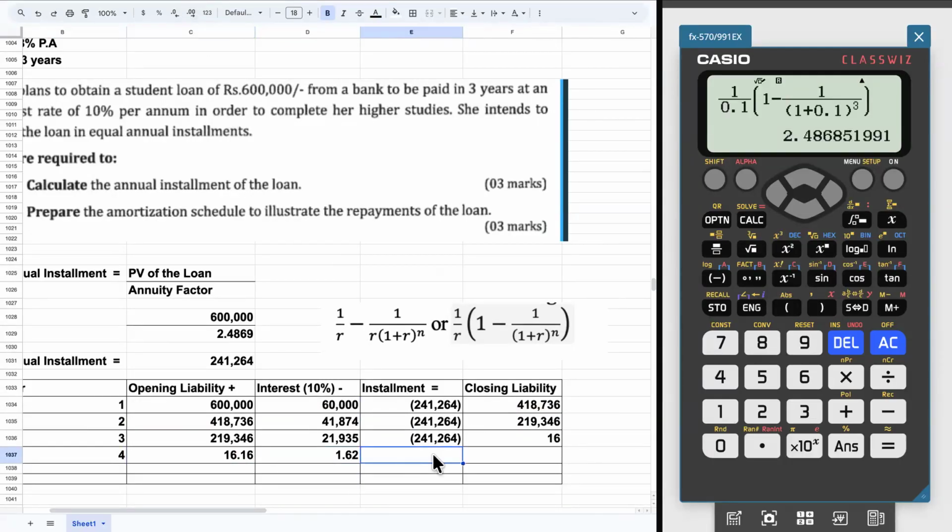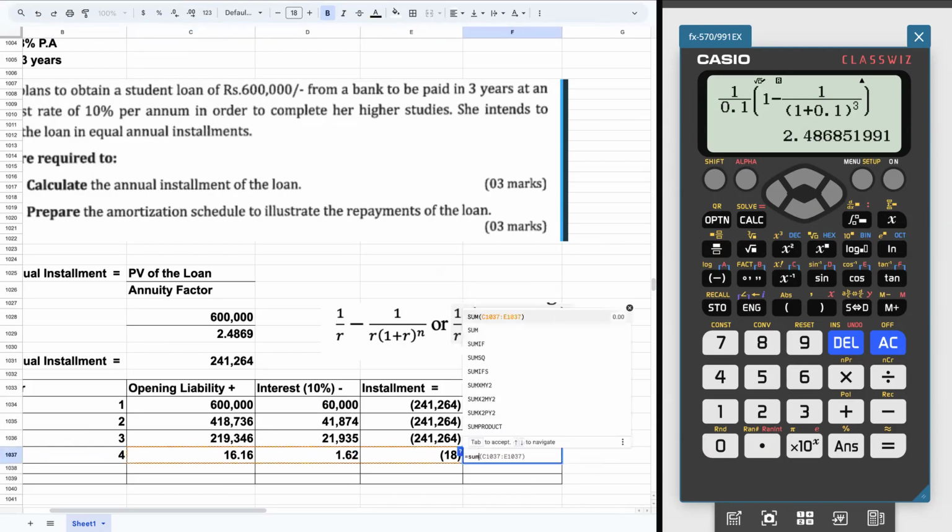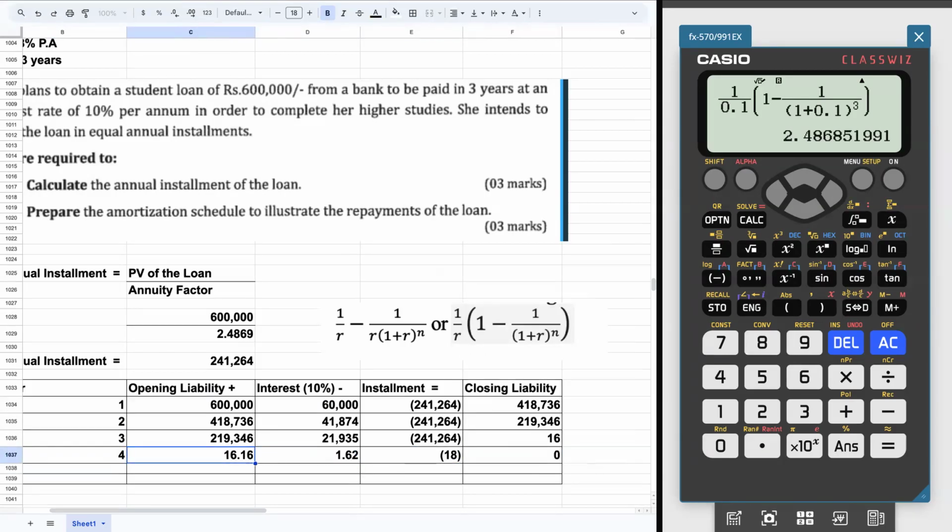Right. So you have to pay the amount for the opening liability and installment fully to clear the payment. So then you will end up with zero values, right? This is practically the amortization schedule. We have to get our loan to zero. And how much interest have they paid in total?